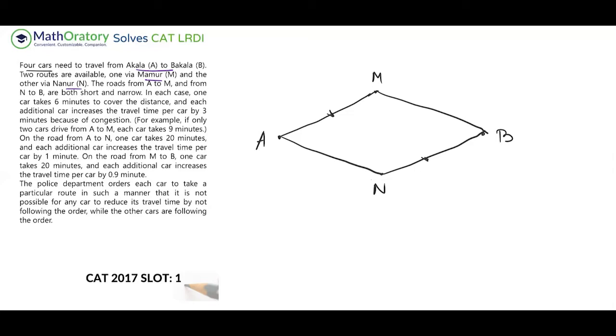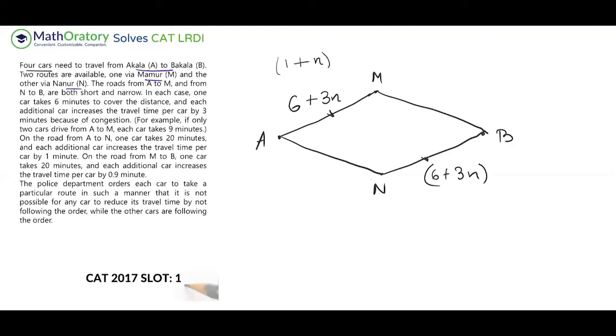There is 6 minutes for the first car, and for each additional car, we have something like this. So if I have one car, it's simply n is 0. So in that case, I'll take 6 plus 3n, and same thing for N to B as well. So I have 6 plus 3n. So this is the time.